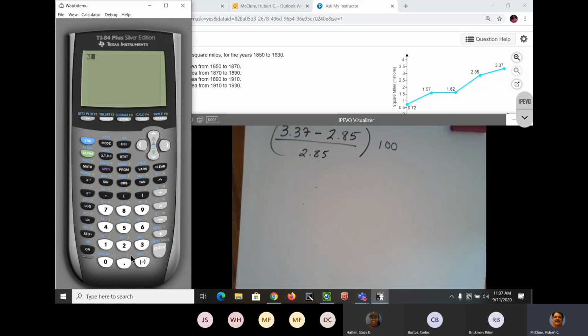So 3.37 minus 2.85 divided by 2.85, and either move the decimal or multiply by 100. 18.25.